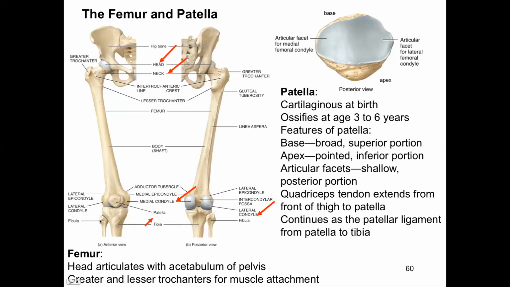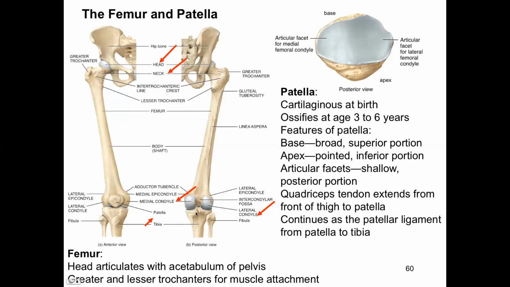So I'm going to qualify that. It's on the fibular side of that, because if you really look at it, the fibula is not actually articulating with the femur. I'm going to put that in my notes as well, because these are new notes. So on the fibular side is probably the better way to do it, and you can add that in, because it's not actually articulating with the femur. So that's kind of misleading.